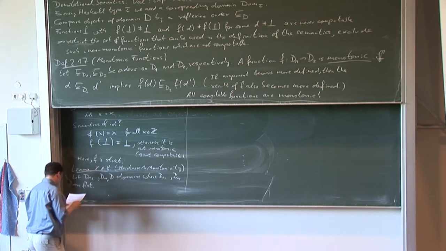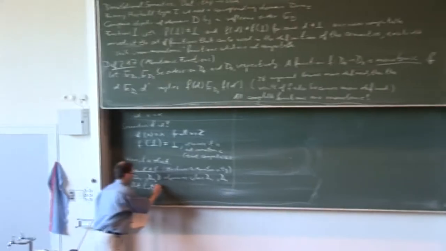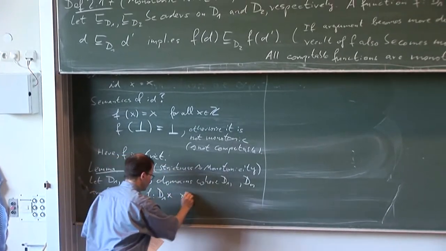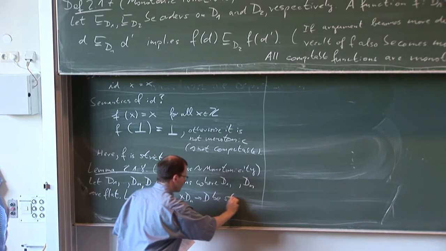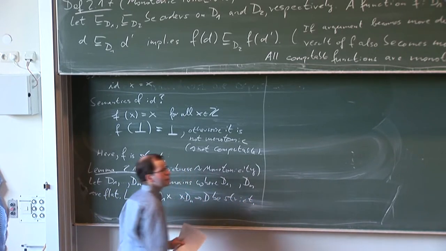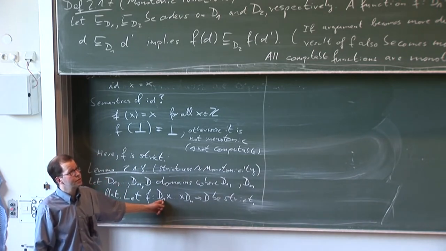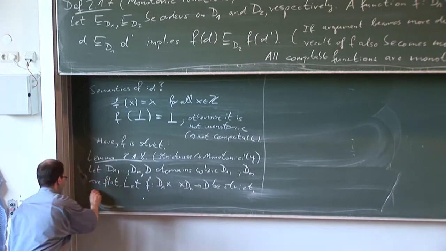So they are flat. Now if we have a strict function f which goes from D1 cross Dn to D, and this should be strict, and strict means whenever one of these arguments is bottom, then the result is also bottom, then f is monotonic.